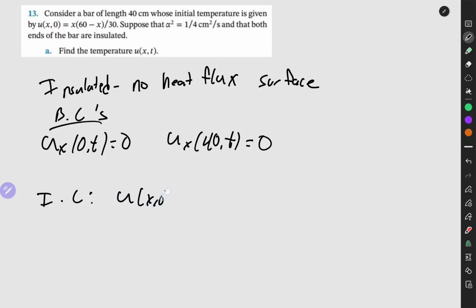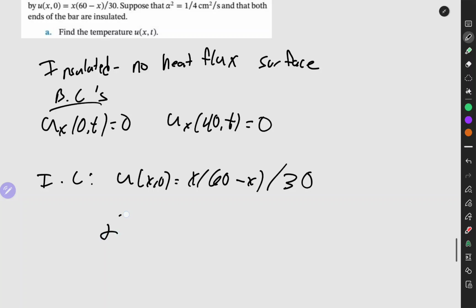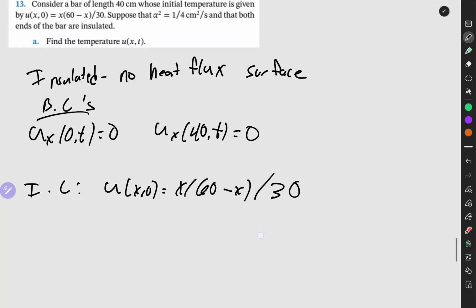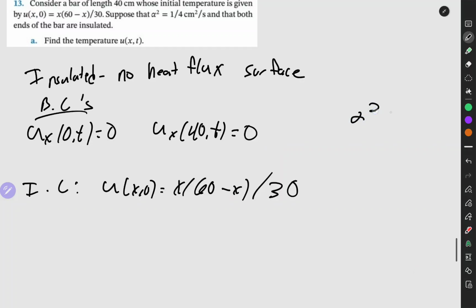I'm going to go through these first steps a little fast because we should be familiar with them by now. It tells us that alpha squared is 1/4. We can worry about that later. I'm going to go through the whole problem with alpha squared, and then I'll plug that in at the end, probably.